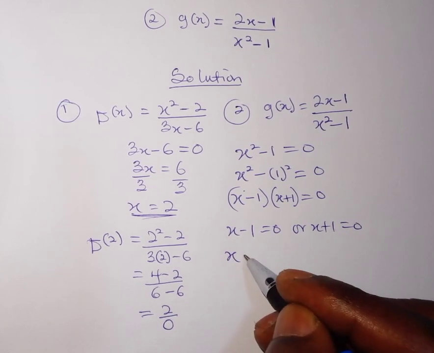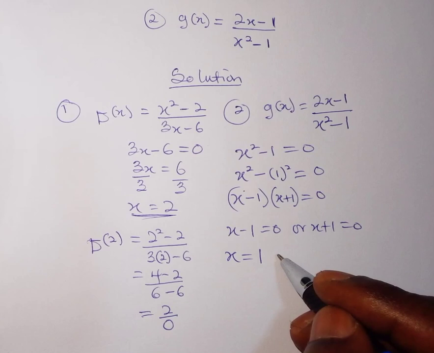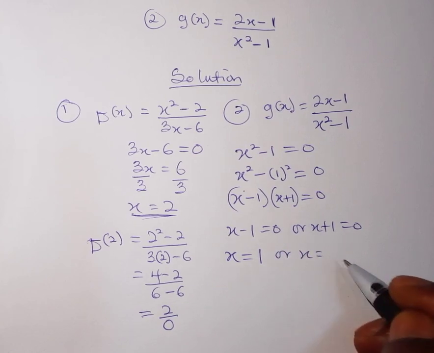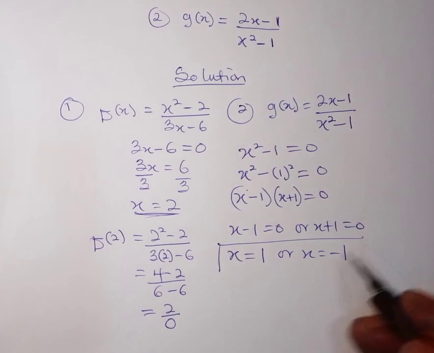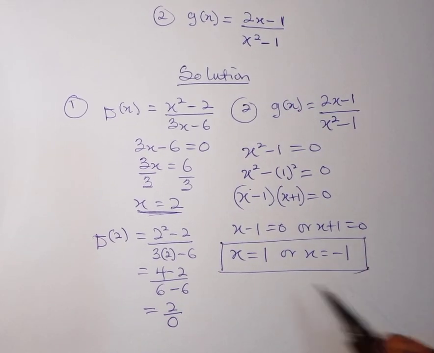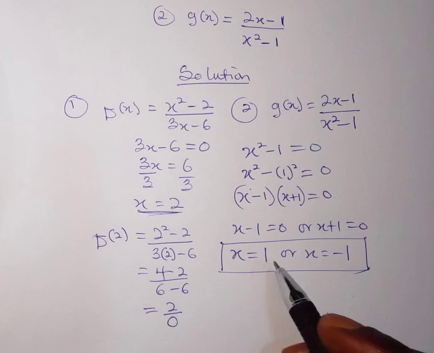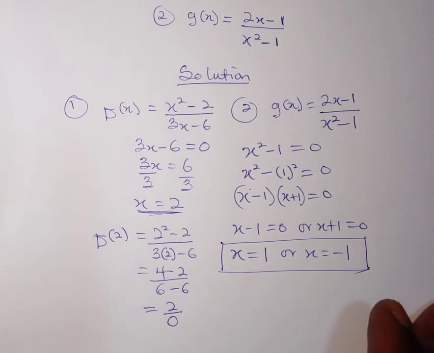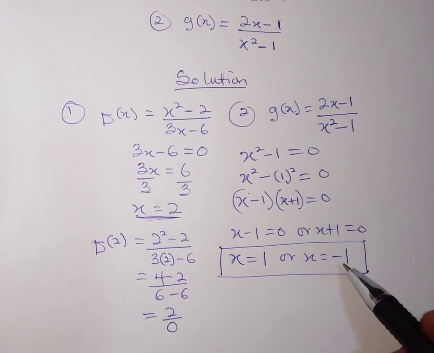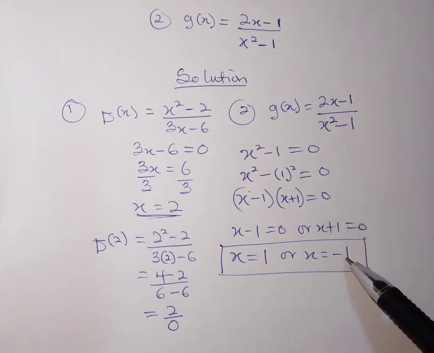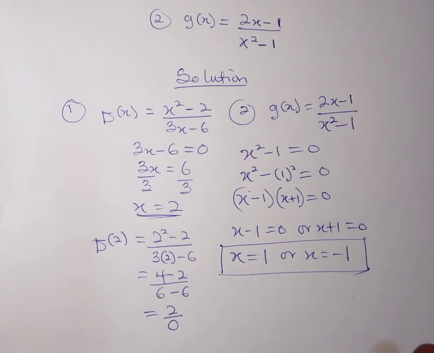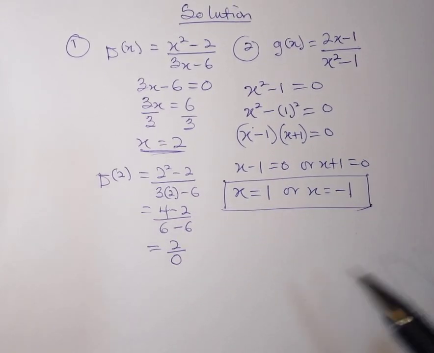I will then have x to be 1, or x to be negative 1. So the values of x for which the function will be undefined are 1 and negative 1. This suggests that if I substitute 1 or negative 1, the function will be undefined. Let's test and see.